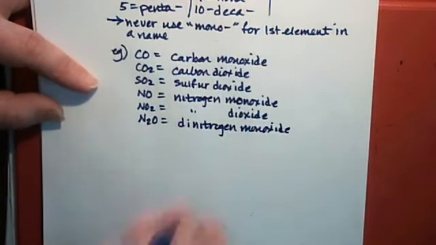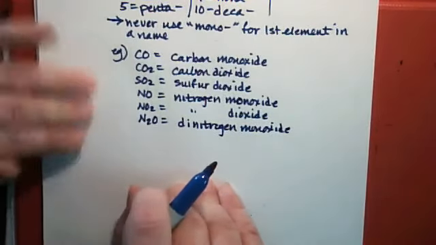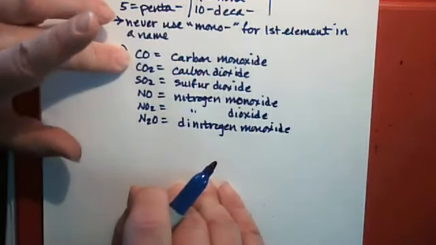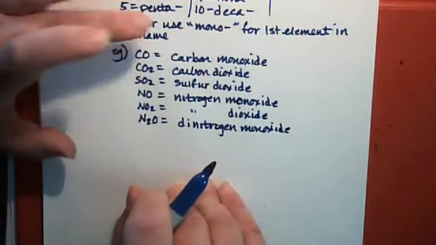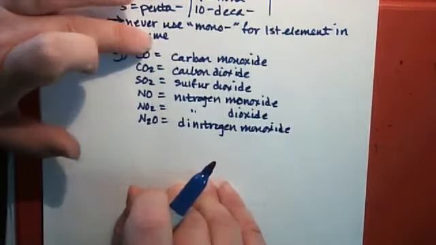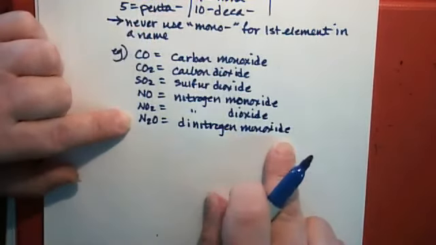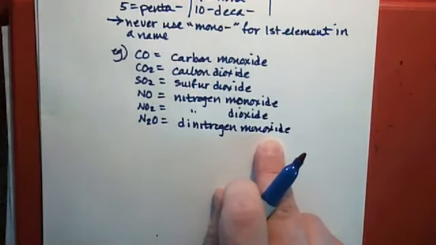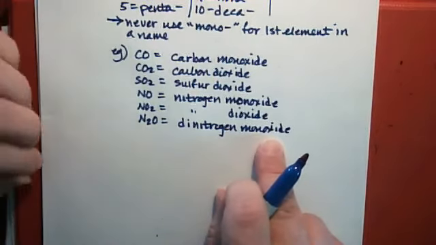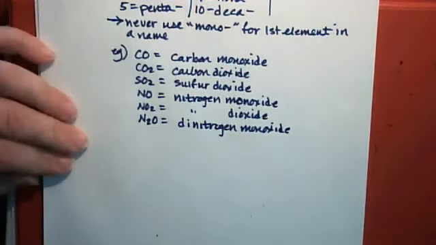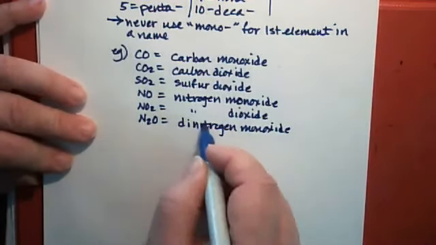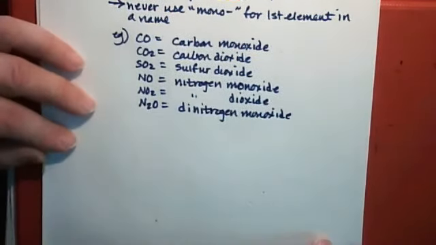So once you get used to using these prefixes, it becomes really easy because the name of the compound literally gives you the formula for the compound. Carbon monoxide means 1 carbon, 1 oxygen. And dinitrogen monoxide means 2 nitrogens, 1 oxygen. So once you know what the prefixes mean, you've got the formula too. Dinitrogen monoxide, better known as nitrous oxide.